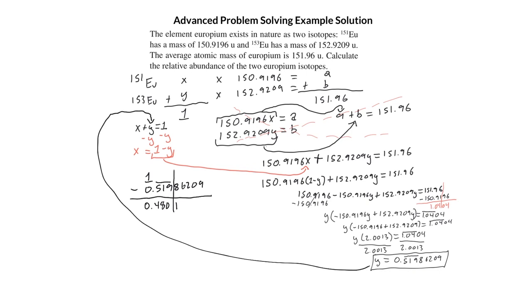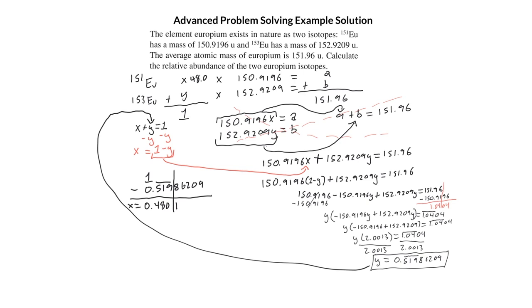That's all I need to do because this will stay the same. So, x, being this value here, is 48.01% abundant.